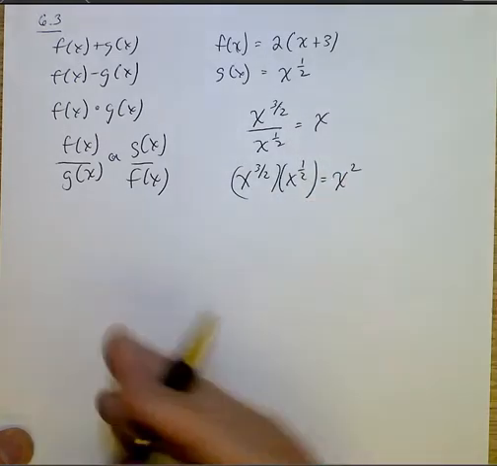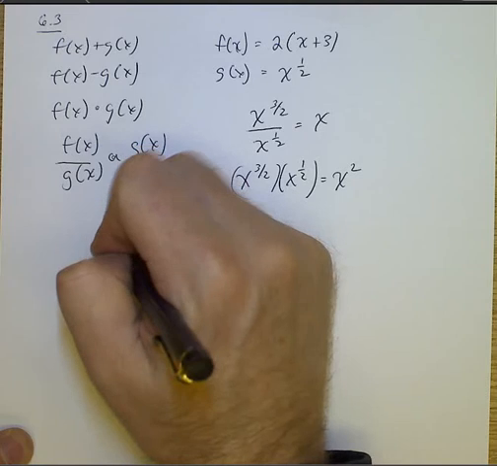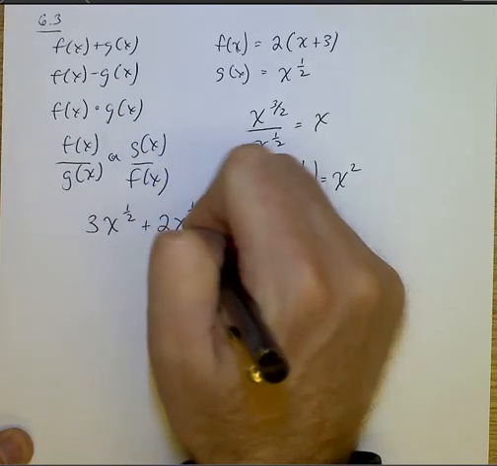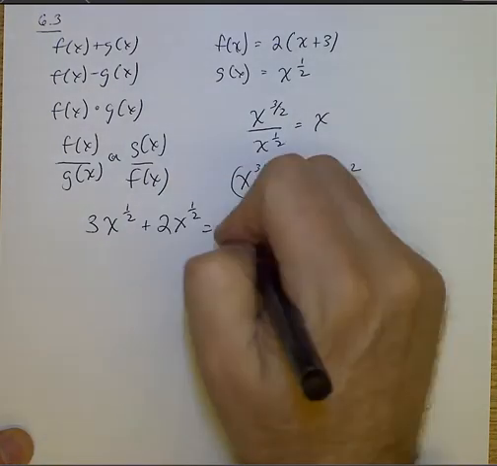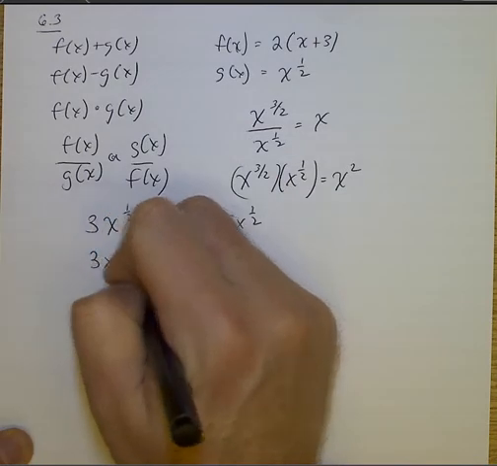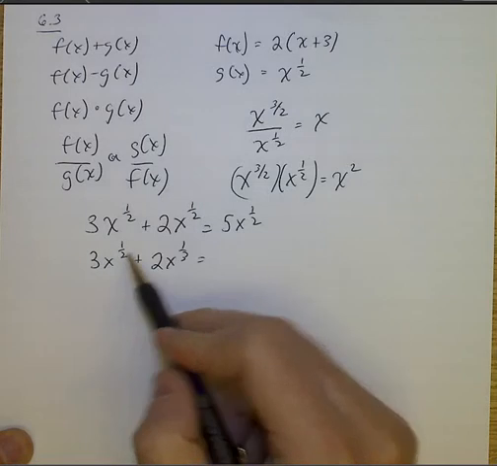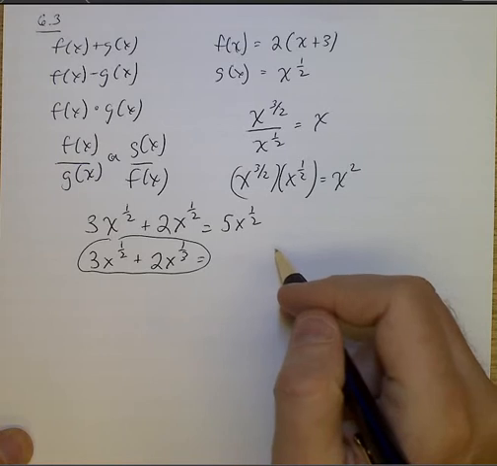For adding and subtracting, make sure you remember that the exponents have to be the same. In this case, 3x to the 1/2 plus 2x to the 1/2 is 5x to the 1/2. But 3x to the 1/2 plus 2x to the 1/3, well, this is a half and this is a third. You cannot add. So these cannot be combined, and that would be your answer.